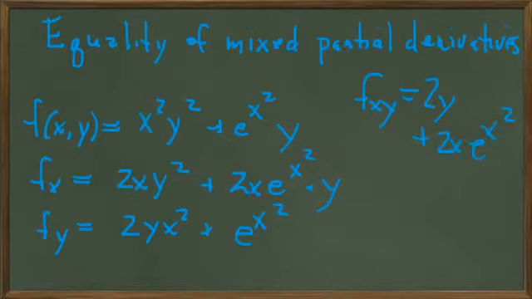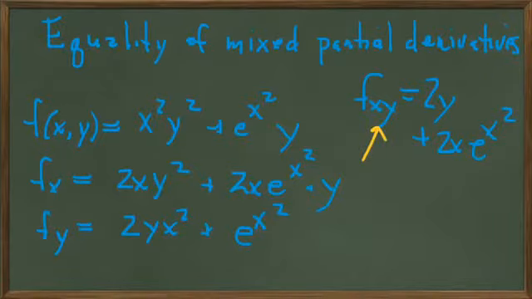Now when we go to take f sub y, and then with respect to x, and we look at this term right here, we're treating x as a constant. I'm sorry, we're treating y as a constant. Before we do f sub yx, let's go back to f sub xy, where we're holding x as a constant.